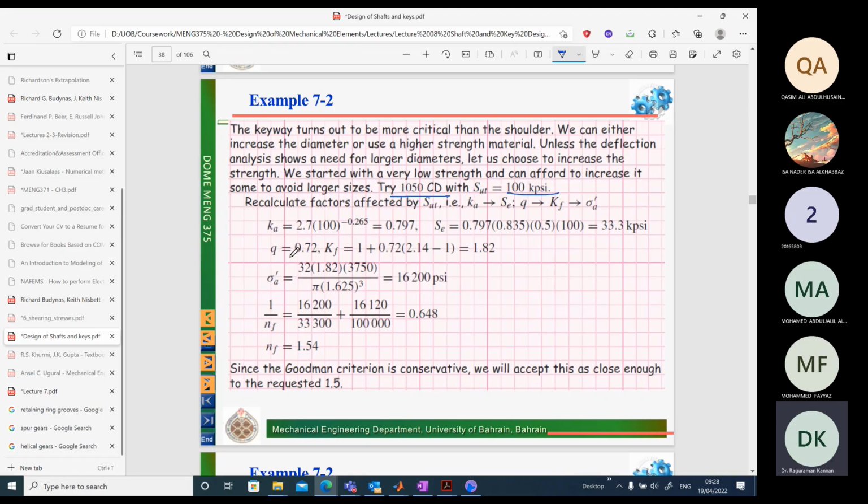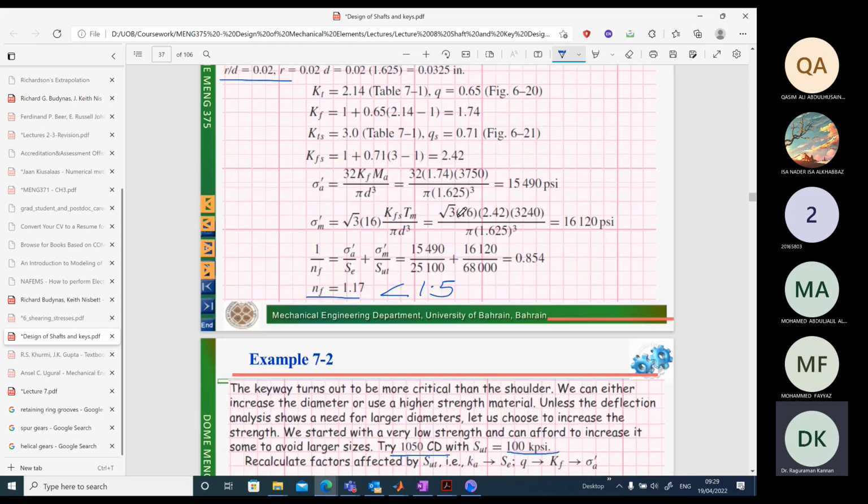Okay, I think they are recalculating KF and other values. Okay, so for the key seat, again, they are evaluating Q and KF values. There is a slight difference, and then evaluating, let's see here.